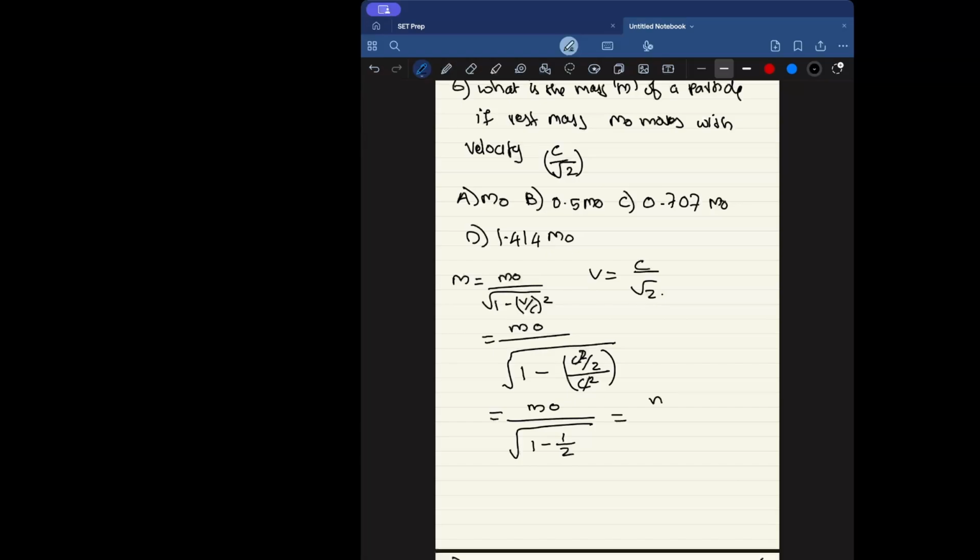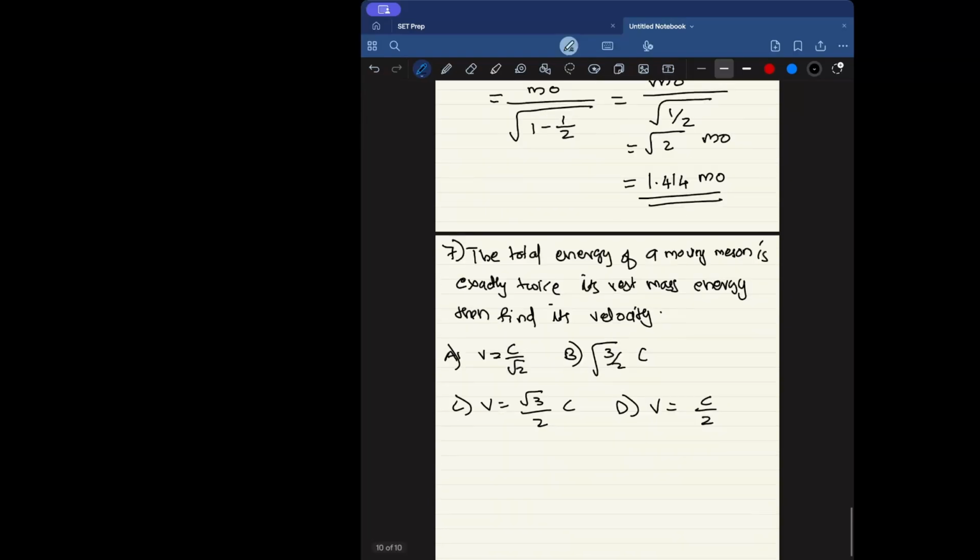This will give you m0 by root over 1 by 2, which is equal to root 2 m0. Root 2 is equal to 1.414 m0. This is your answer. So the answer will be 1.414 m0.